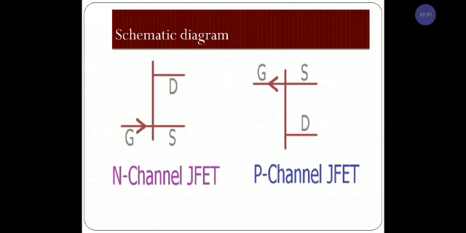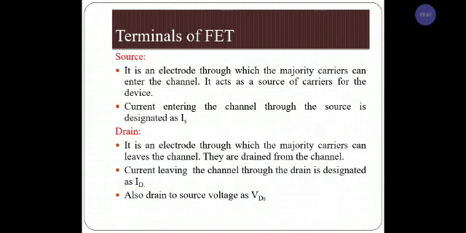Now let us see one by one what is meant by source, drain and gate. Terminals of FET. Source is an electrode through which the majority carriers enter the channel. Source is the carrier supplier of the device. So the current enters the channel through the source only and it is designated as IS.